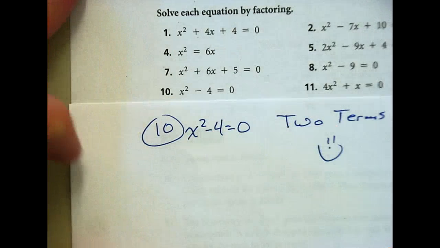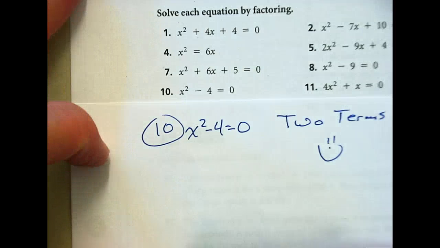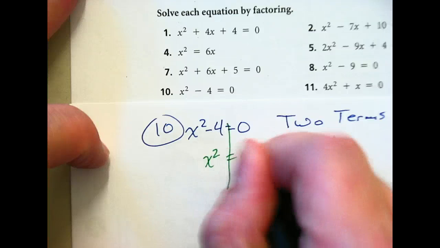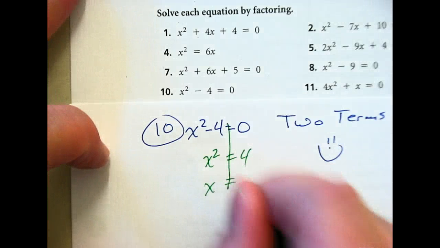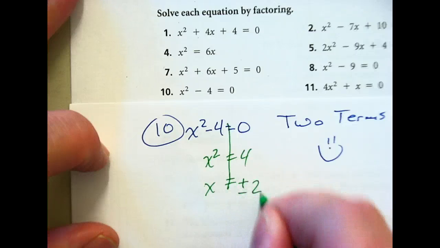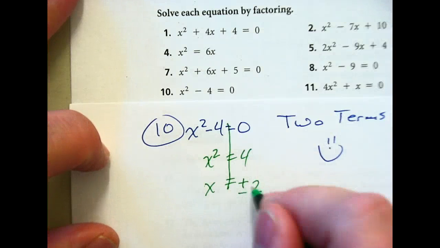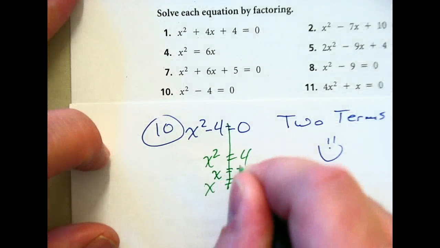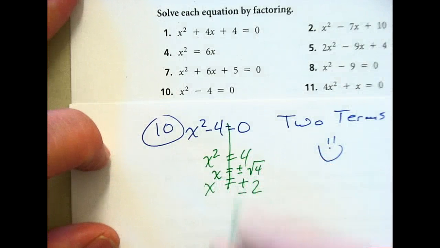We don't even have to factor this one because there's only one x. Add 4. x squared equals 4. What's x? Plus or minus 2. Take the square root of both sides. So x equals plus or minus root 4, which is 2. Plus or minus 2.